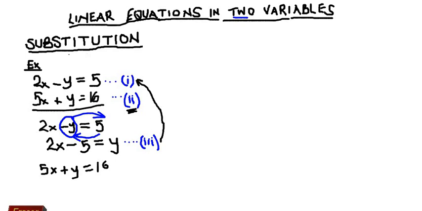So in this equation, we are going to replace or substitute the value of y, which is as indicated in equation 3, that y is 2x minus 5, which means we will rewrite the equation and say 5x plus, now where there is y, we'll substitute and put 2x minus 5, because this is our y. Then we continue the equation and say equals 16.